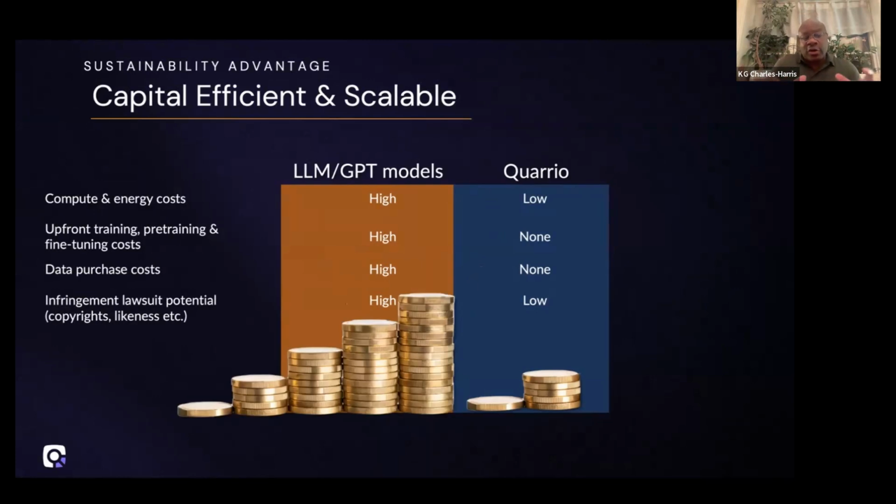And so the cost structure of Quarrio is fundamentally different, and therefore our ability to really scale and get into the enterprise, which has been a core problem for these kinds of companies, is strong. We're getting really high level access across multiple enterprises in banking and finance and capital markets, technology, manufacturing and logistics, and so on.